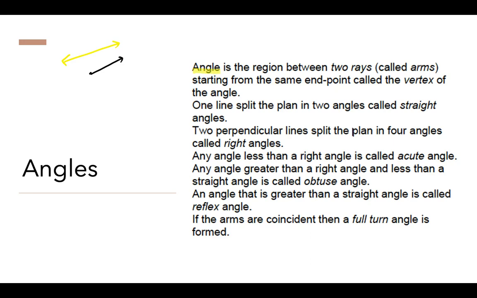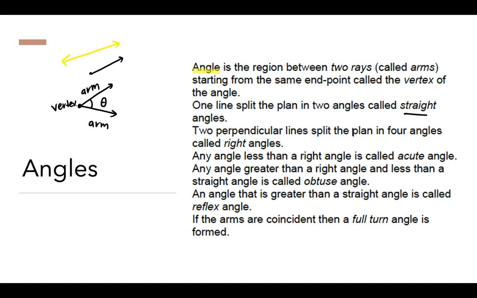If I want to represent an angle, you have something called an arm, and these arms are connected by a point called a vertex. And this is an angle. An angle is represented using a Greek symbol called theta.